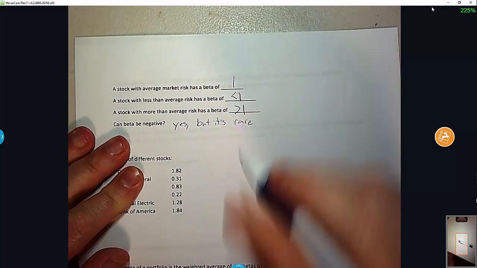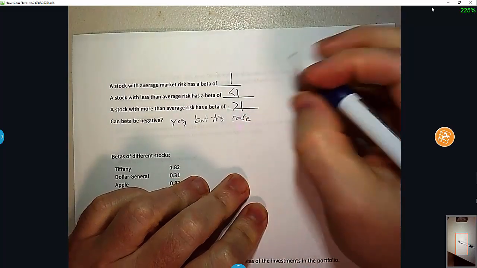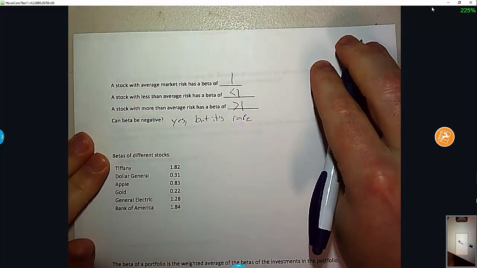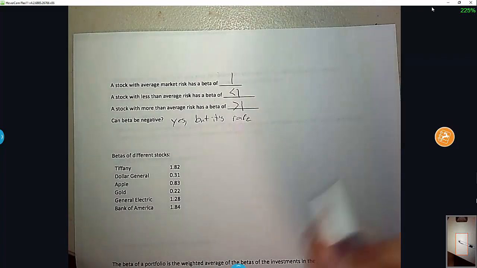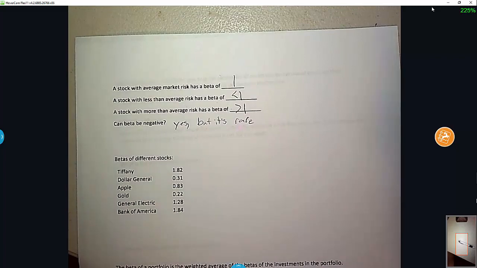What this would mean is that the investment moves opposite to some degree to the market overall. So we saw before Family Dollar had a low return, and I've got one in here that isn't Family Dollar because, at the time I was doing this, there were some things going on with Family Dollar.